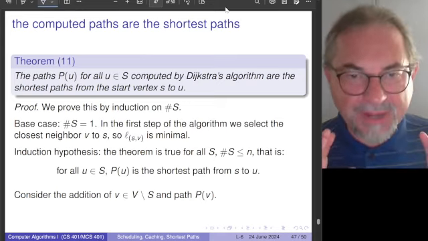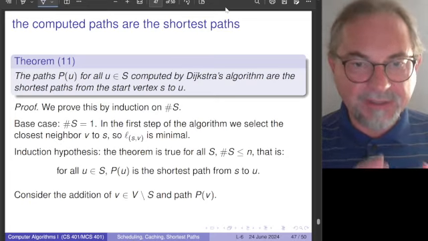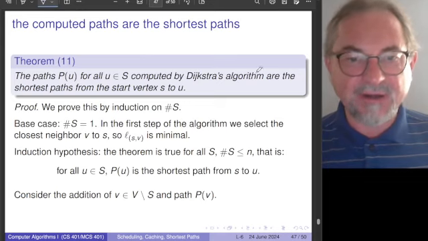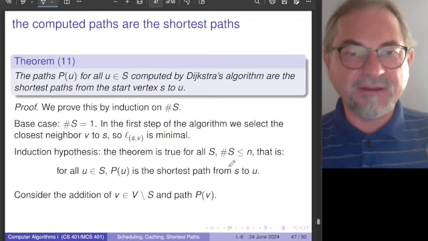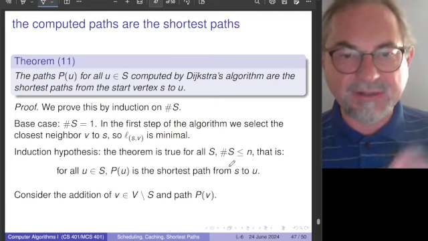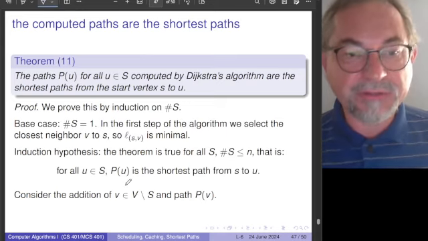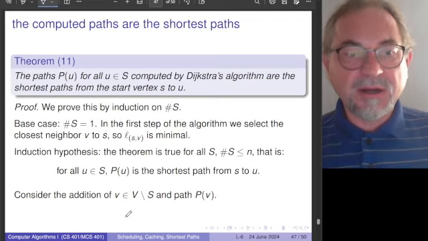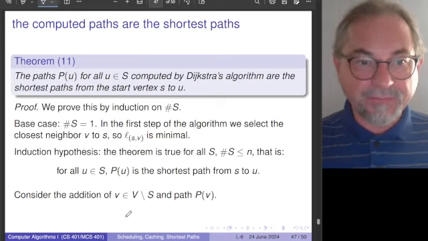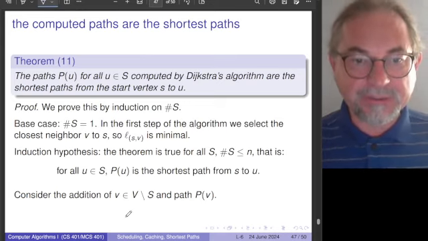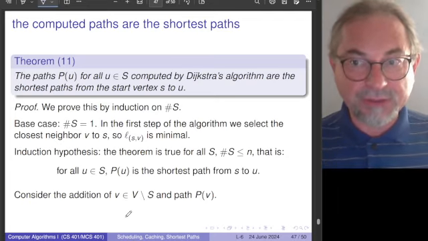If we have processed it for the cardinality of S, and the cardinality of S is n, then we assume that for all the sets less than the current cardinality we have the shortest path. Then we will have to show that also for the addition of the new vertex, the path that we compute is the shortest path.